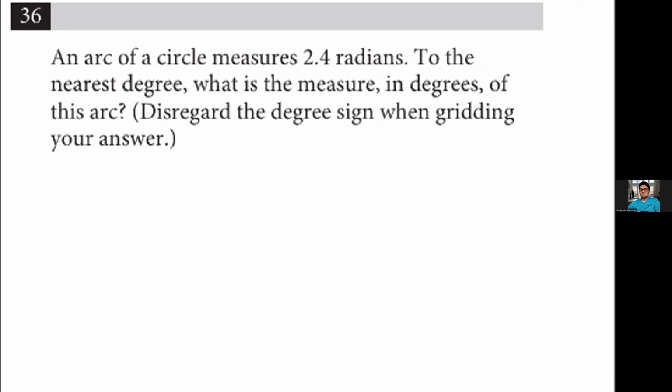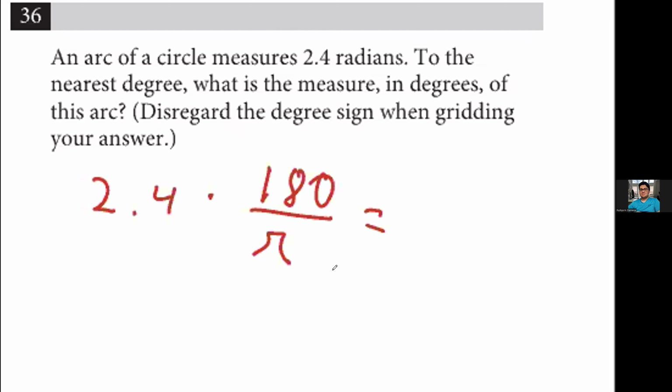Anyway, question 36. We're asked to convert from radians to degrees. The conversion ratio would be, so we have 2.4 radians, and we have to multiply by 180 over pi to get the answer in degrees.